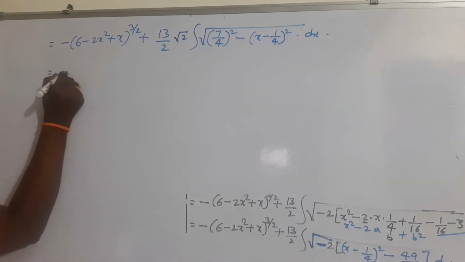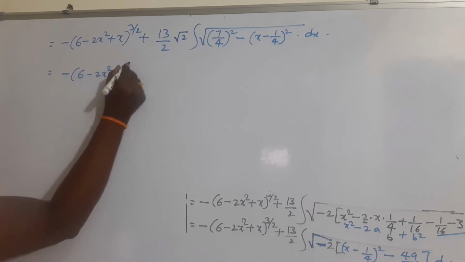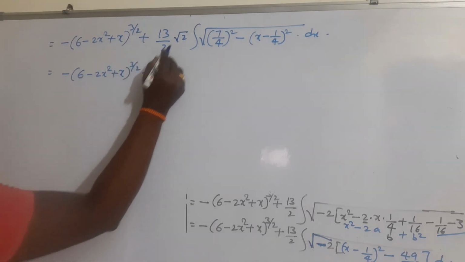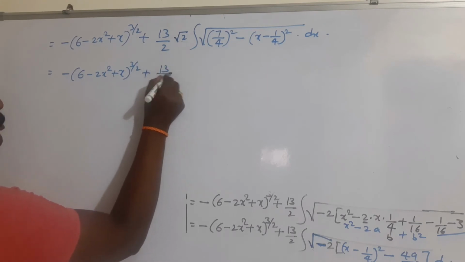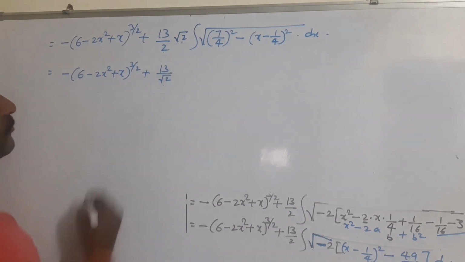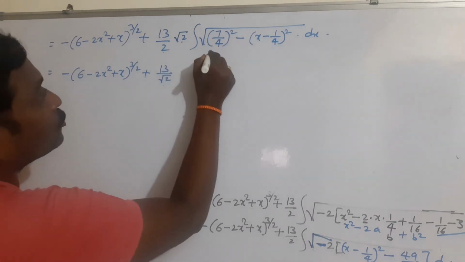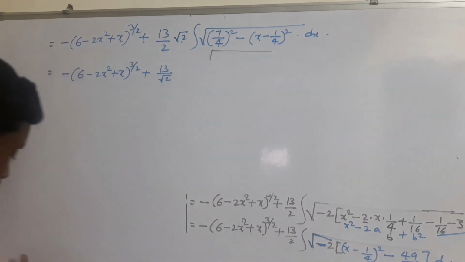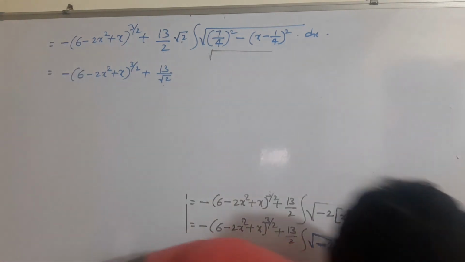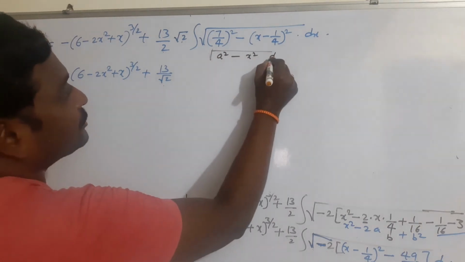So minus (6 minus 2x square plus x) whole power 3 by 2 plus, this can be written as 13 by root 2 because this root 2 getting cancelled, root 2 times here, and we are observing that the integration is in the form of root over a square minus x square into dx.